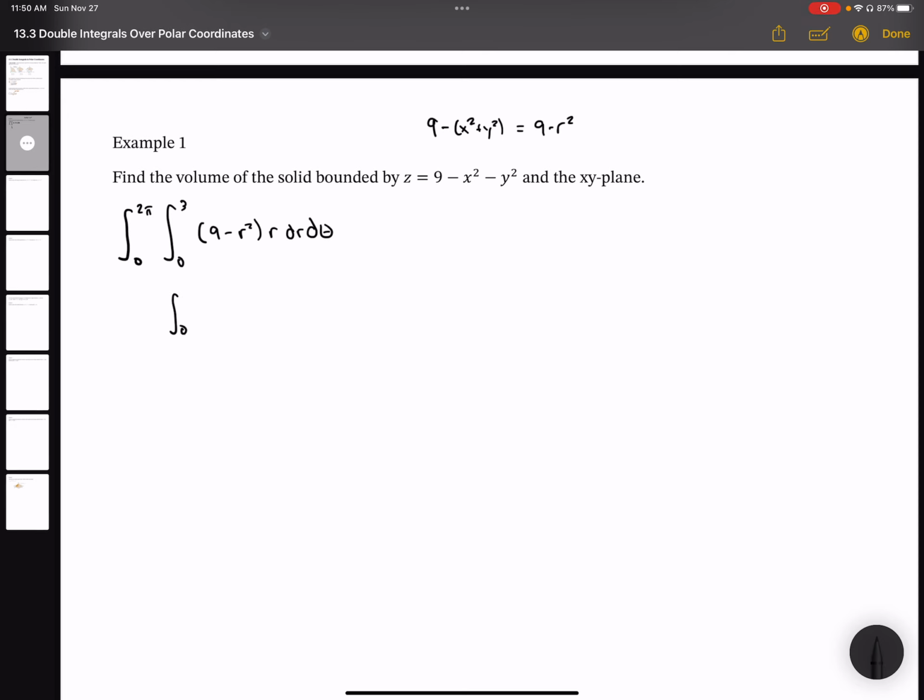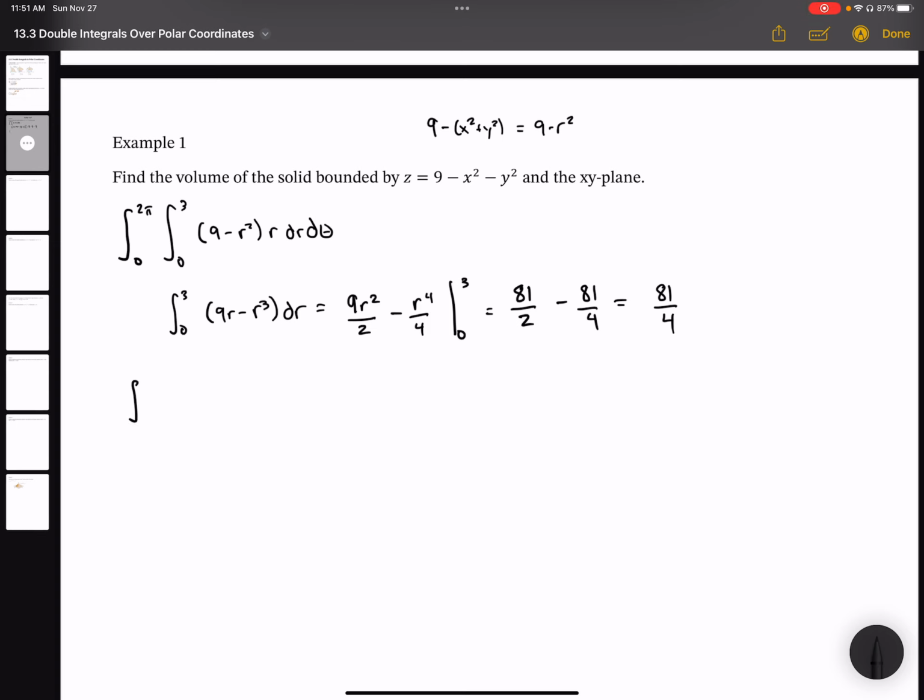So for that inner integral, if we distribute our r, we have 9r minus r cubed dr, which turns out to be 9r squared over 2 minus r to the fourth over 4, and we're integrating from 0 to 3. When we substitute in 3, we get 81 over 2 minus 81 over 4, which is just 81 over 4.